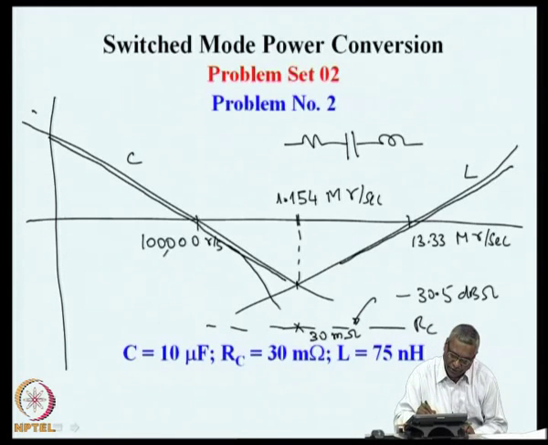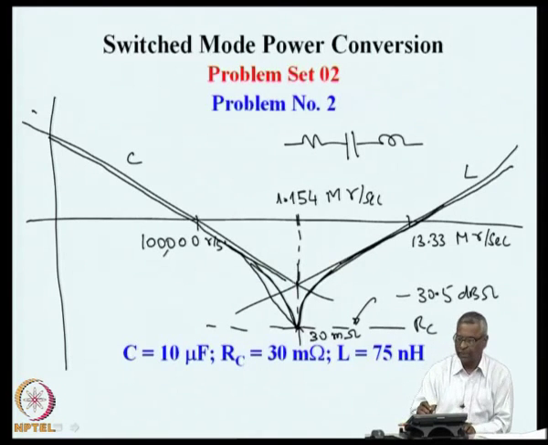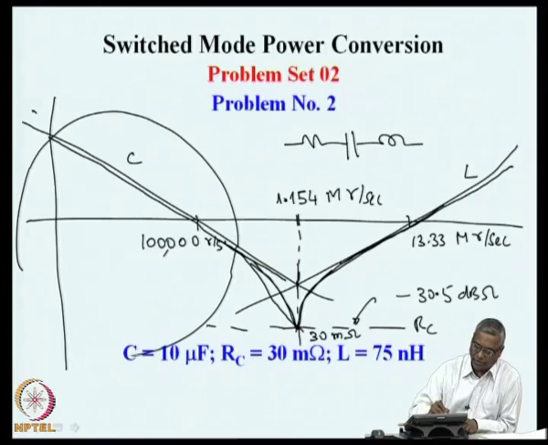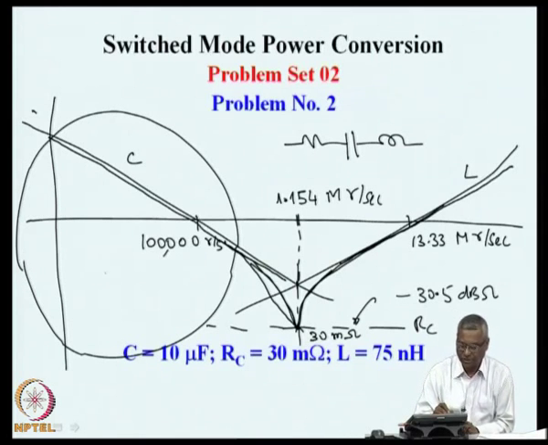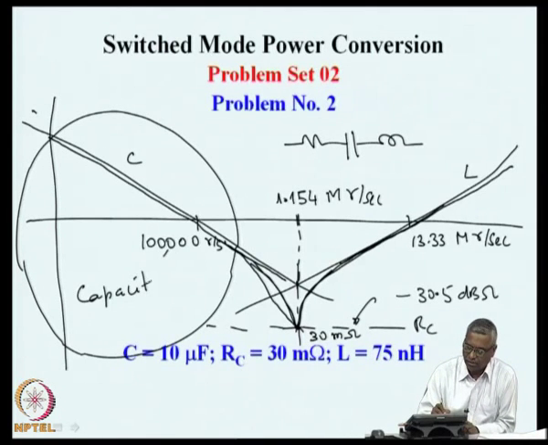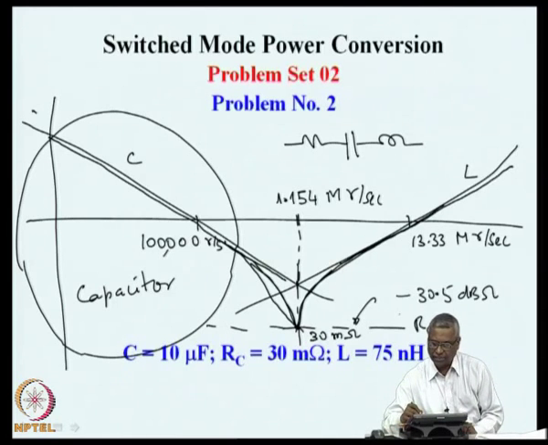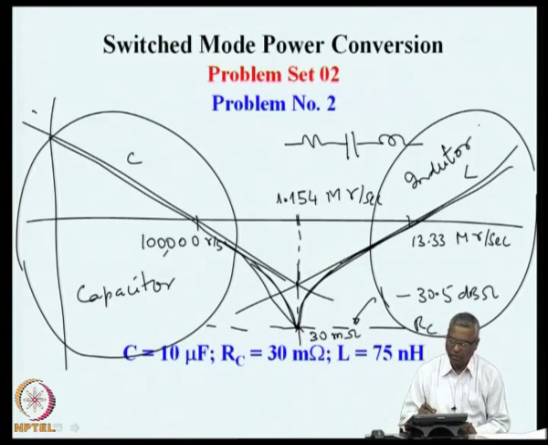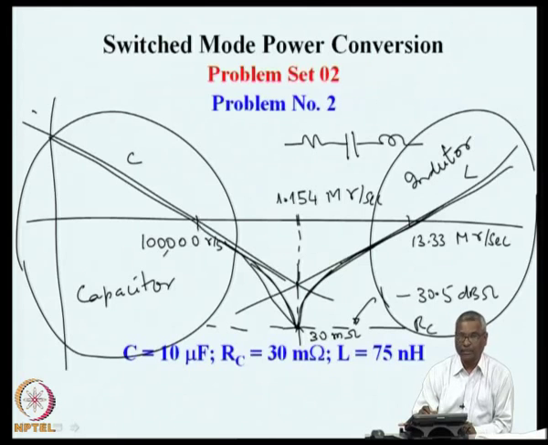So, what you will find is the impedance will follow a curve like this, which is a standard resonance curve. This circuit has a resonant frequency at 1.154. The capacitance behaves like a good capacitance in this range, but this capacitor behaves almost like an inductance in this range, and in this range it is almost like a resistance.